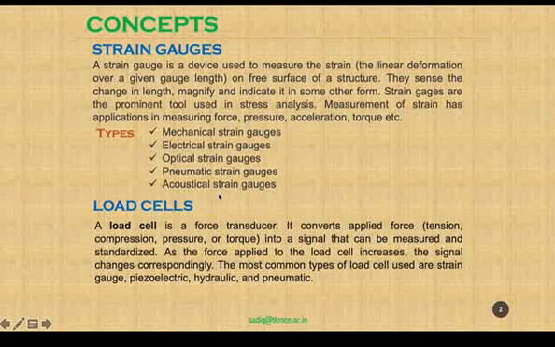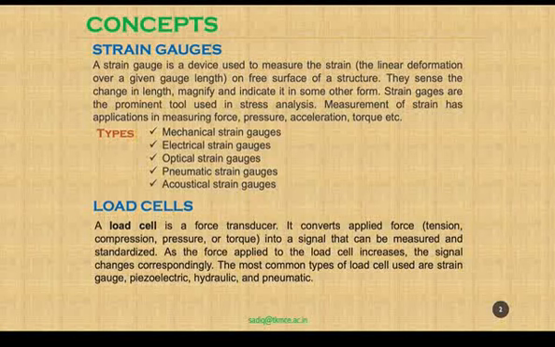In the second part, we will be discussing load cells. A load cell is a force transducer that converts the applied force, such as tension, compression, pressure or torque, into a signal that can be measured and standardized. As the force applied to a load cell increases, the signal will also change accordingly.